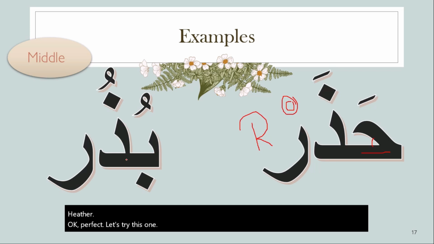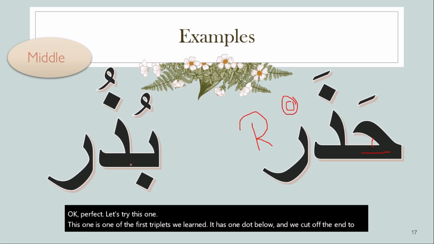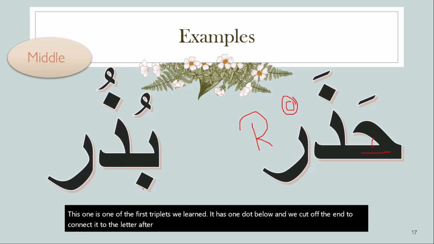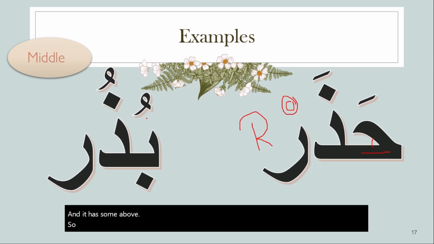This one is one of the first letters we learned. It has one dot below and we cut off the end to connect it to the letter after. One dot below is ba. And it has dhamma above, so it would be pronounced like bu.